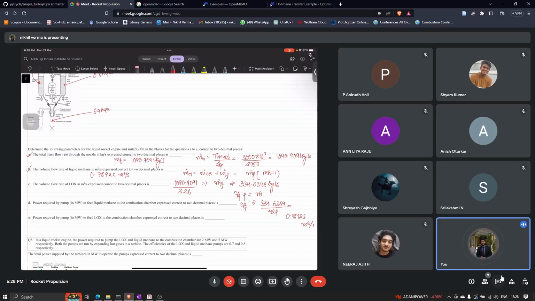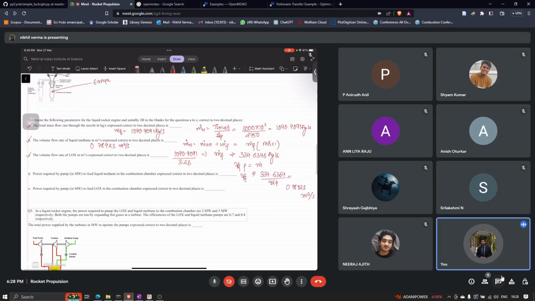Okay, next is the volumetric flow rate of the LOX. This is similar to what we have done. We know the mass flow rate of the fuel. We can calculate the mass flow rate of the oxidizer, which is just the difference between the total mass flow rate and the mass flow rate of the fuel. If you calculate, you will get the mass flow rate of the oxidizer as 756.2745 kgs per second.